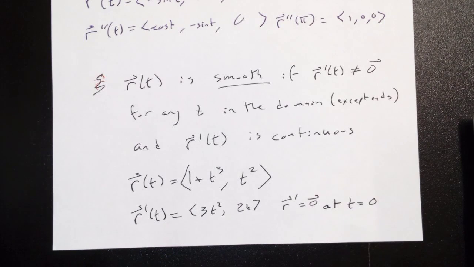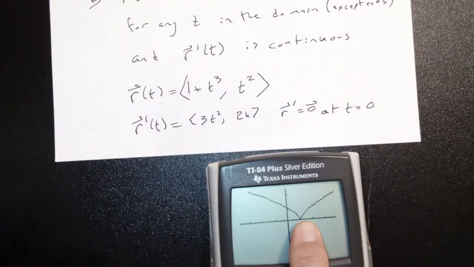Guess what? That spot, that's where t is 0. And my curve isn't smooth there. It's got a point, a cusp. And if I rewrote this equation in y and x, if I eliminated the parameter like we did back in chapter 10, I could actually see that my regular ordinary derivative would be undefined there.